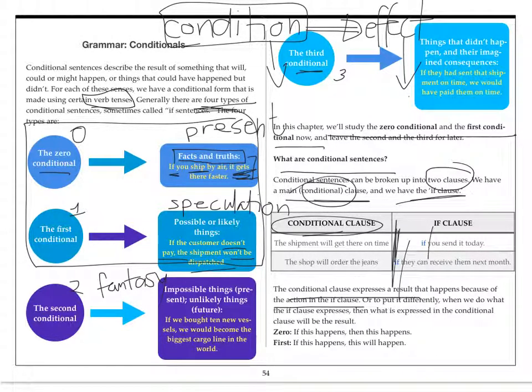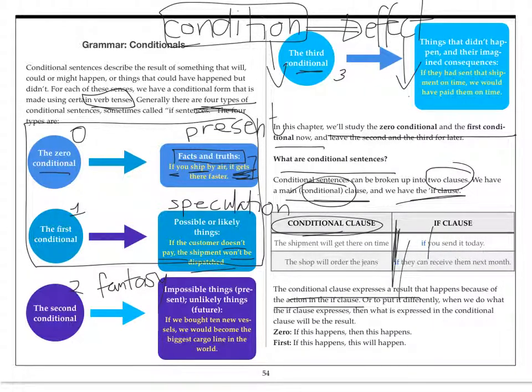And the if clause is the conditions that are necessary for that effect to happen, right? It is the action that the effect is a result of. Or to put it differently, when we do what the if clause expresses, then what is expressed in the conditional clause will be the result.